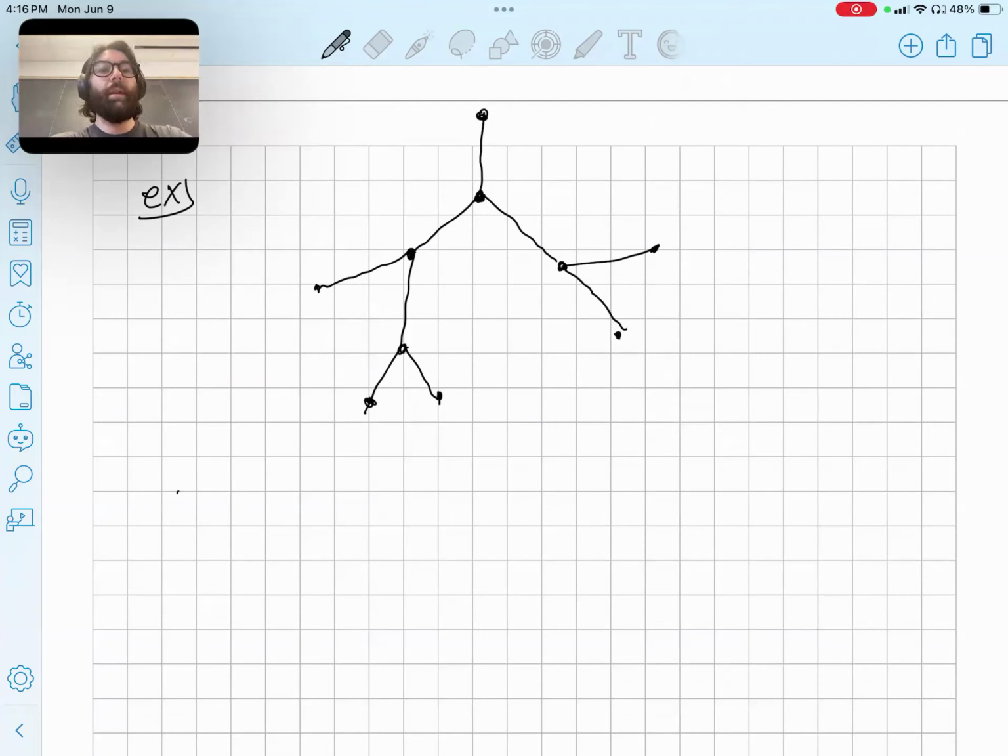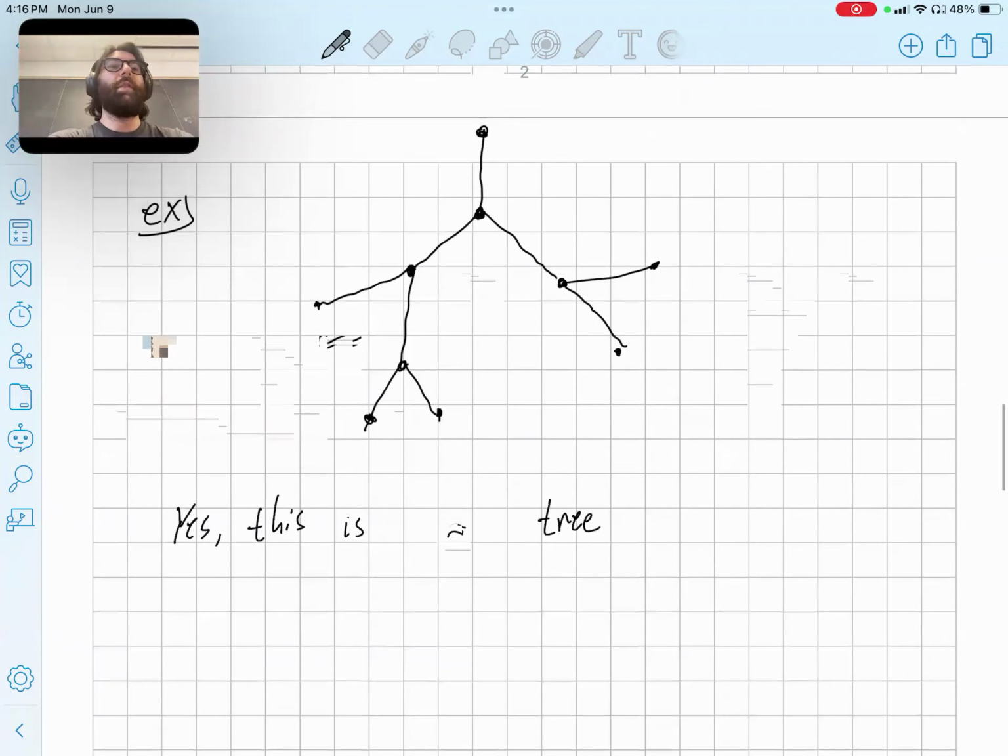Well, yes, this is a tree. Why is it a tree? We're going to see a way to determine more easily if this is a tree, but the fact is that this doesn't contain any circuits.